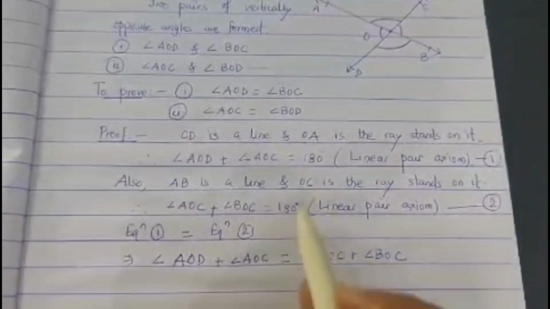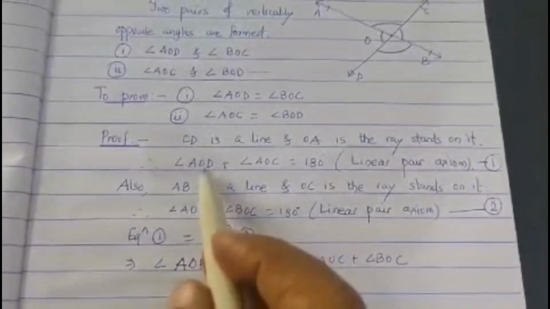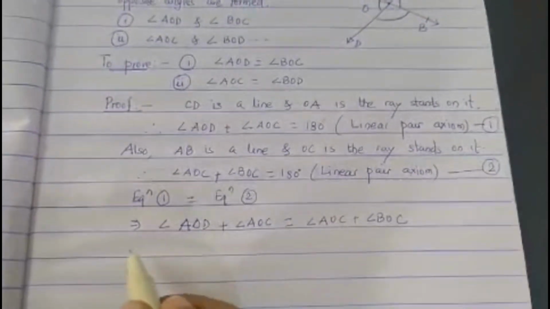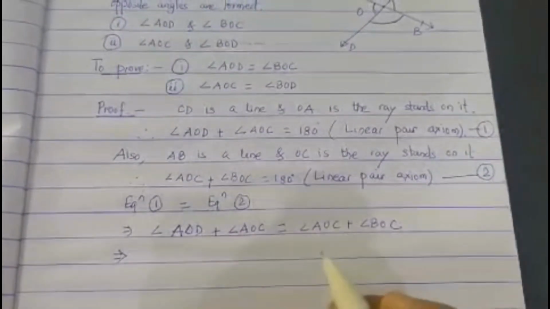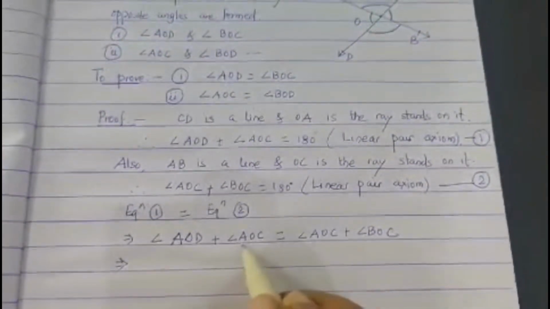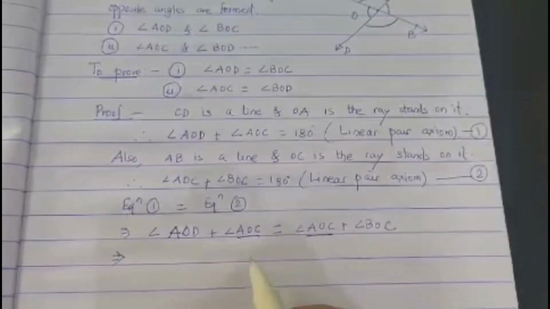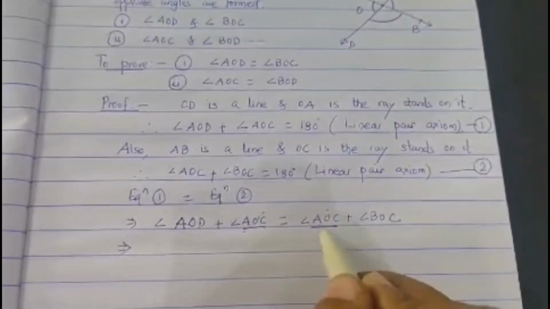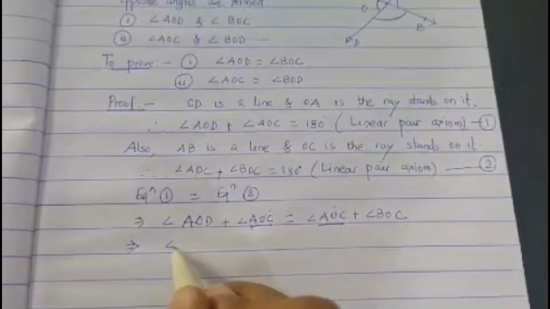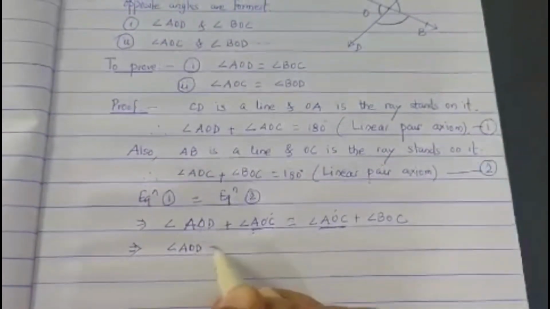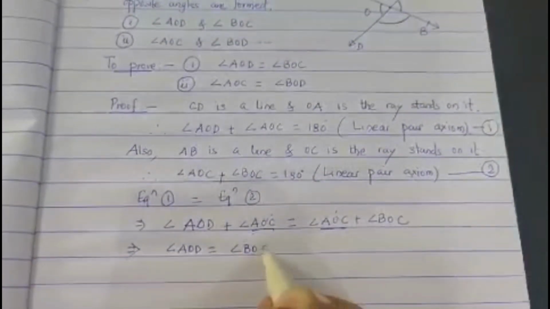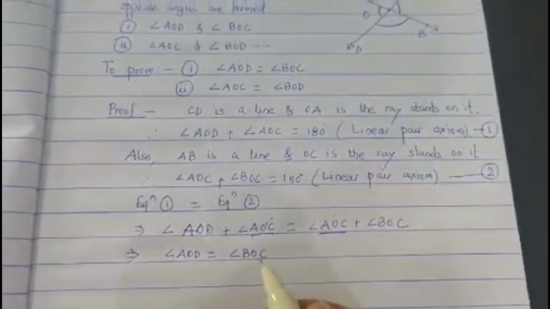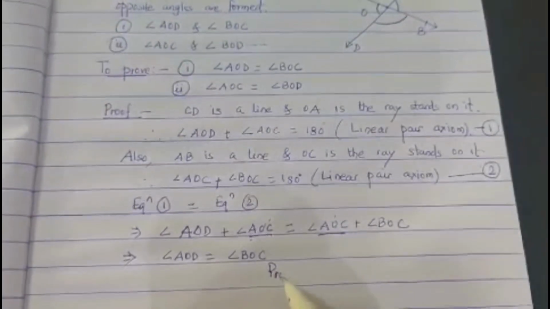Both are equal to 180 degrees. Now you see this angle AOC, you can directly subtract it from both the sides. If you remove it directly, then you get angle AOD is equal to angle BOC. This is what we have to prove. We can write it proved.